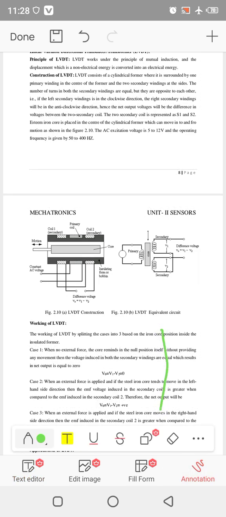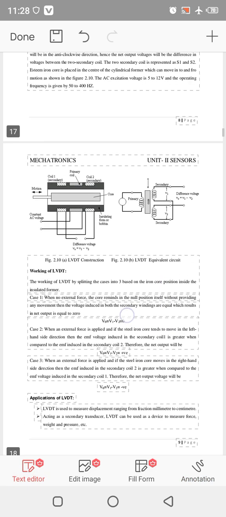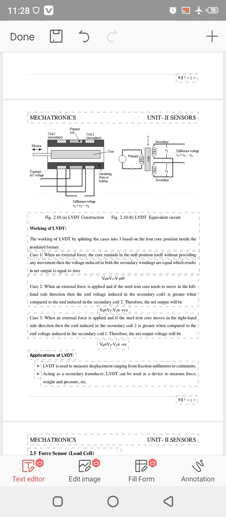Working of LVDT. The working of LVDT splits into three cases based on the iron core position.